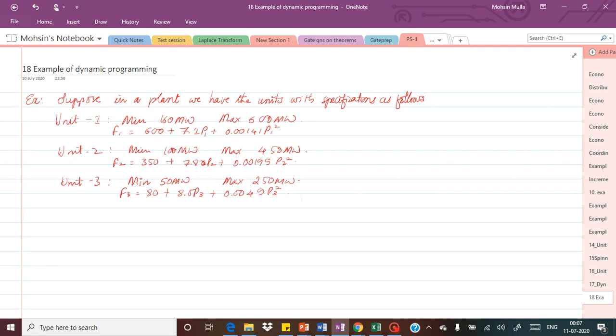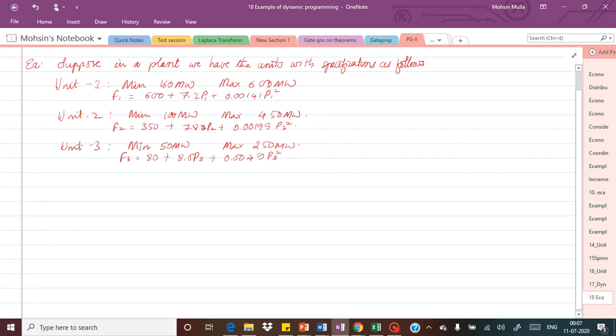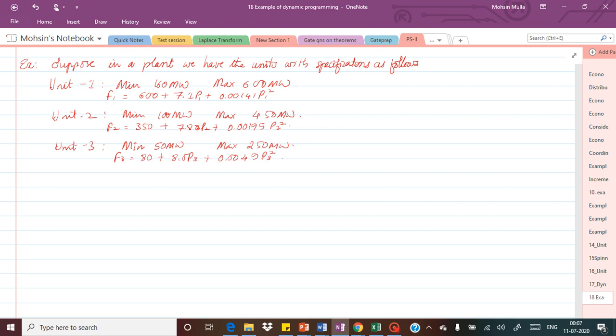Now we are going to take one particular demand value, and after that we are going to increment that demand by a uniform value. Let us say that value is 50 megawatt. We are going to add 50 megawatt for each increase in the demand.